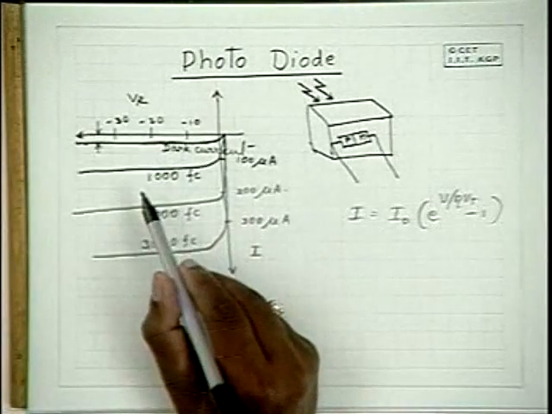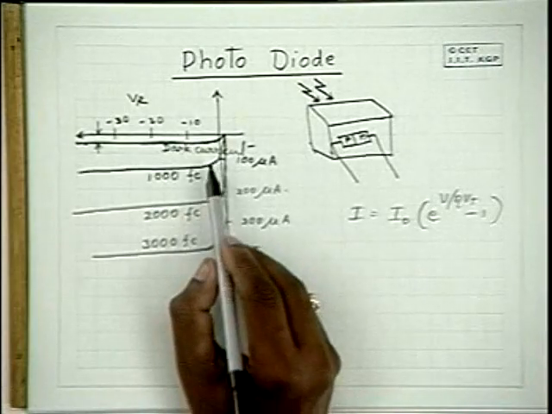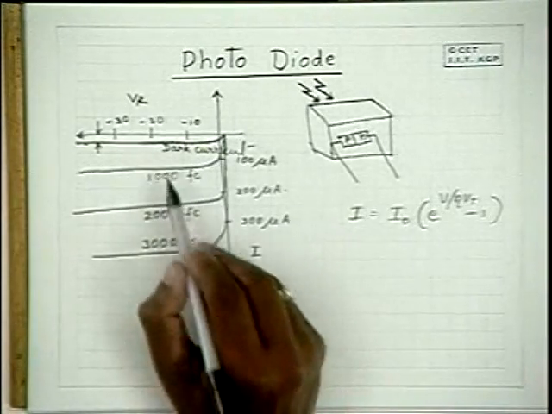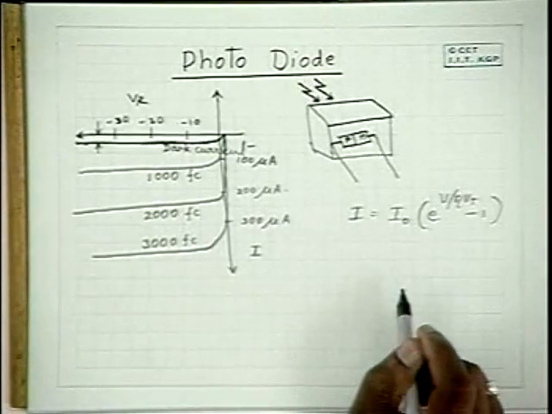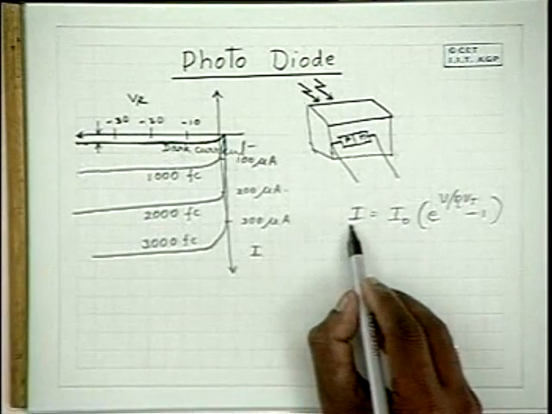Because of these additional hole-electron pairs, in addition to the thermally generated ones, you have an increased minority carrier concentration, because of which the reverse saturation current increases. So when the reverse saturation current increases, I increases.